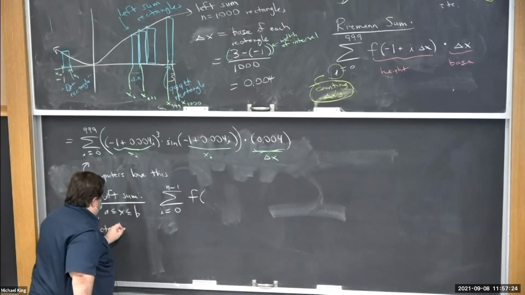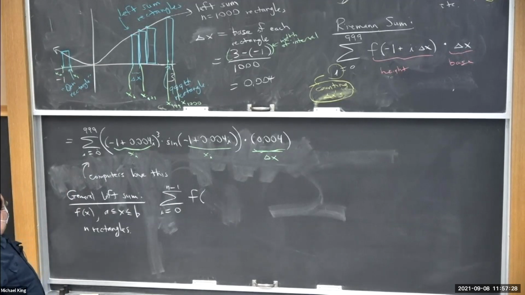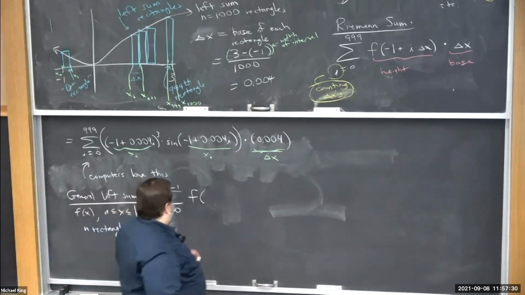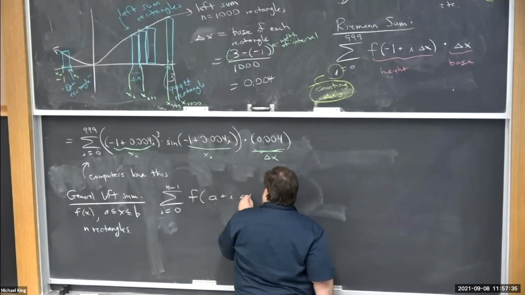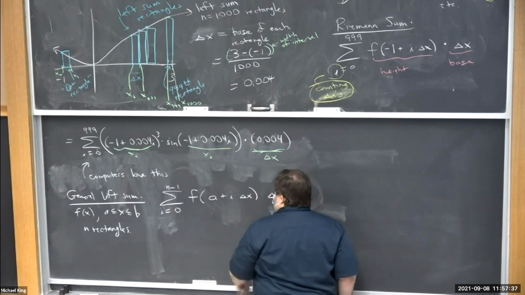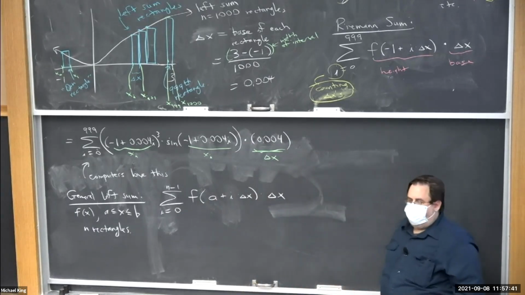So you should check that if you put in the specific values up there, like -1 and 3 and all that, that you actually get what we get. So you do f of a plus i delta x times delta x. This was the general formula I wrote down last time at the end of class.